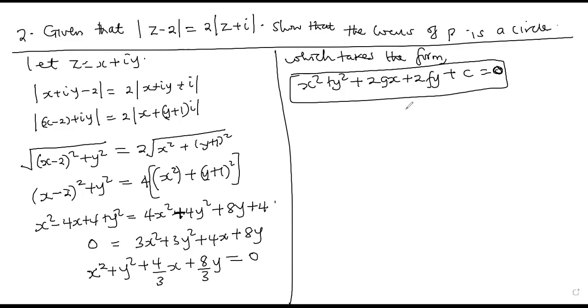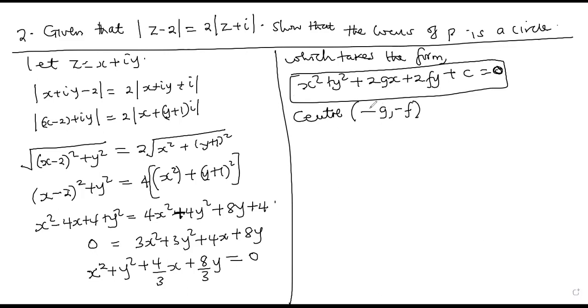So with this, of course, since a circle is characterized by the center and the radius, it means that we have to find the center and the radius. The center of a circle is the coordinate (-g, -f).